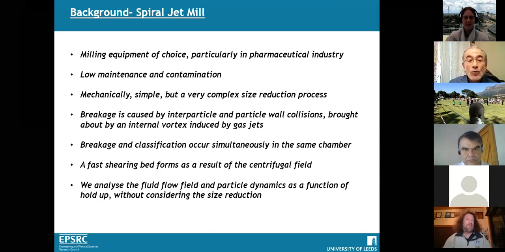In this work, we analyze the fluid flow field and particle dynamics as a function of holdup without considering the size reduction. And the factors that I'll be looking at are not really that affected by size reduction, as you will see. So it's not a big handicap for the time being not to include the size reduction in that process.